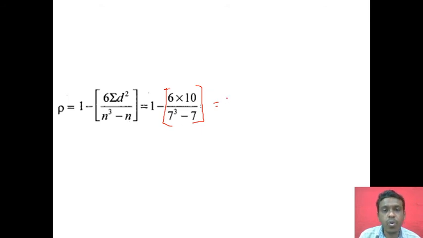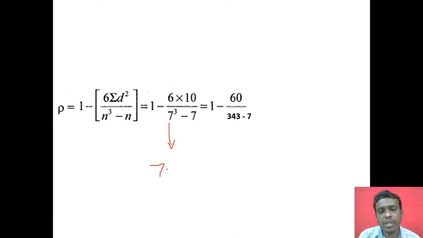So it comes up to 1 minus 6 tens is 60, divided by 7 cube minus 7. 7 cube stands for 7 into 7 into 7, which gives 343 minus 7. Again the numerator should be solved separately, the denominator separately, and then both have to be divided. Don't be in a hurry to divide, or else you will get the wrong answer.